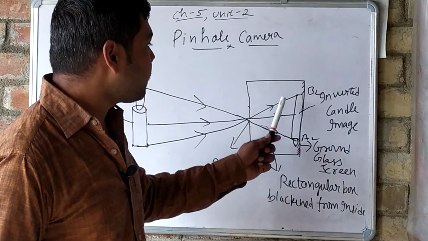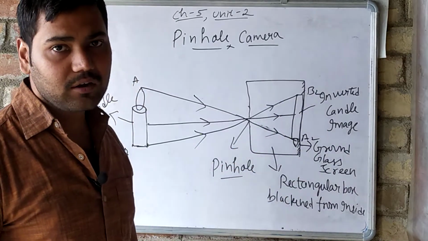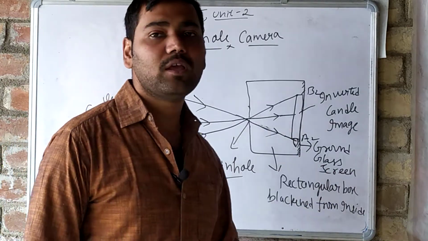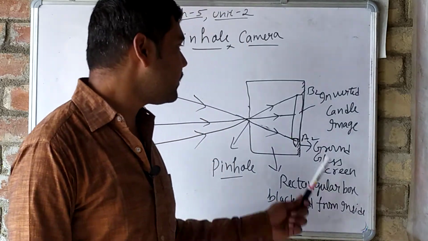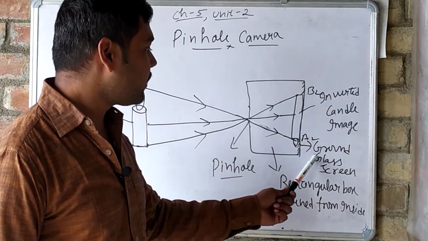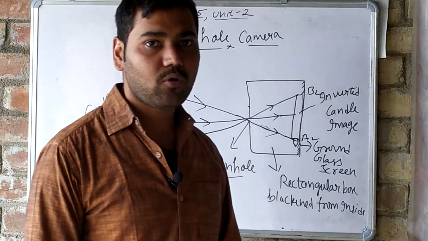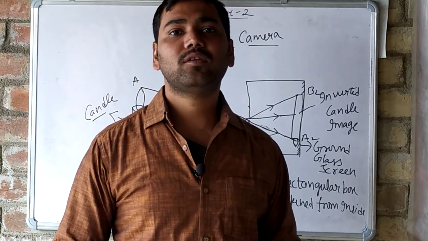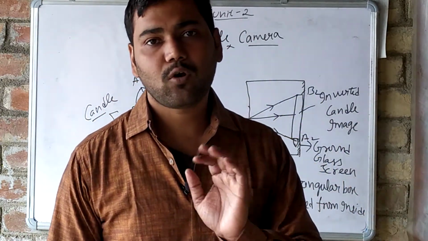At the back side of that rectangular box we attach a ground glass screen. The whole rectangular box is blackened from inside.